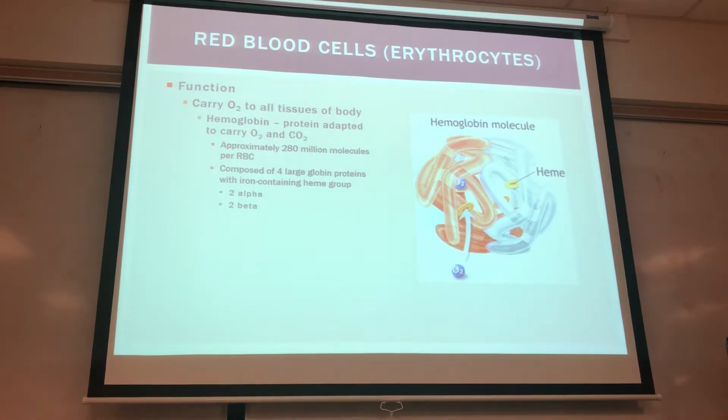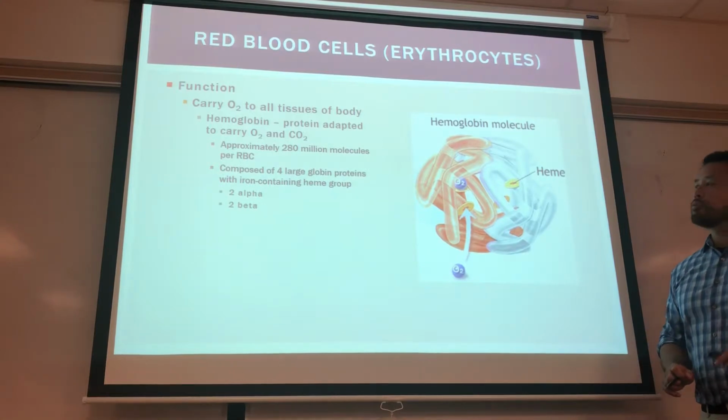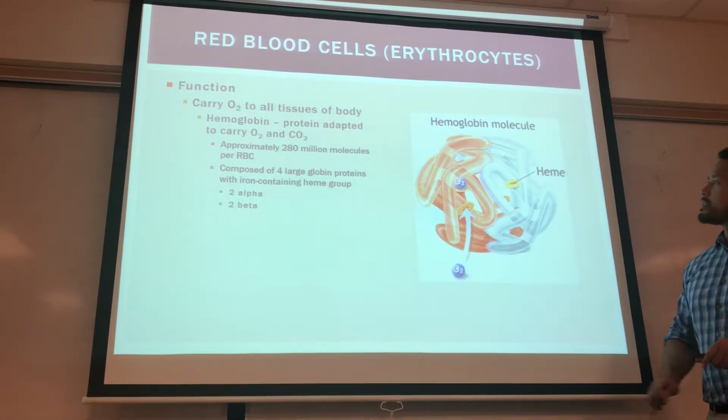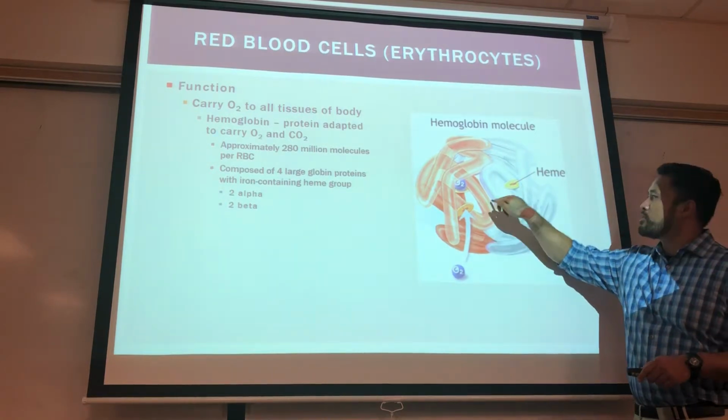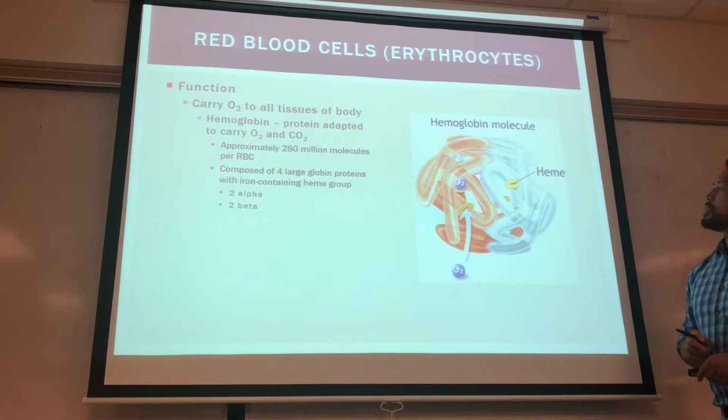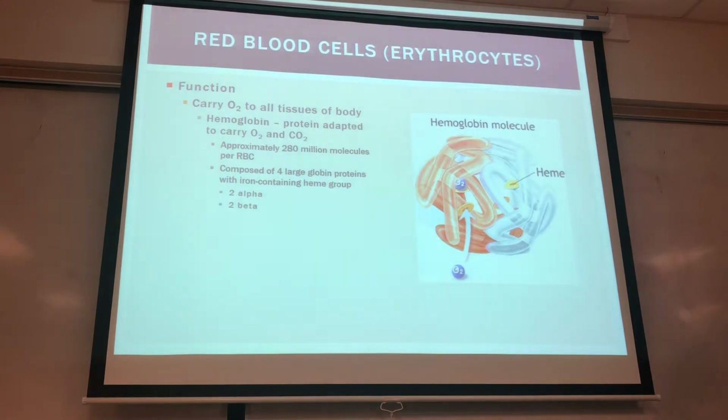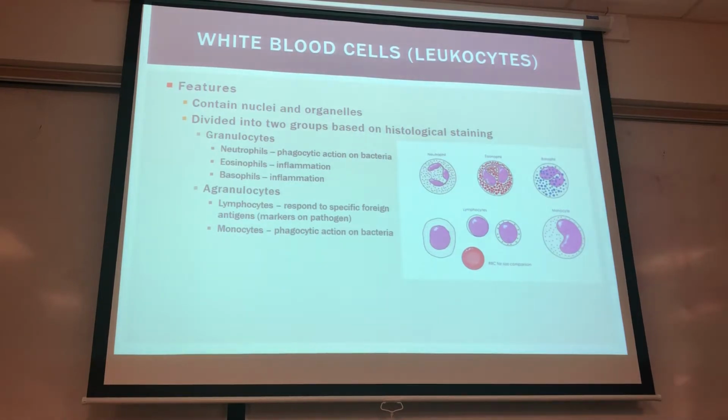If we take a look at the subunits, like I mentioned earlier, there are 4 subunits of 2 types, our alphas and our betas, put together in order to carry it. We'll have 4 heme groups, 1, 2, 3, 4, with the capability of carrying oxygen as well.